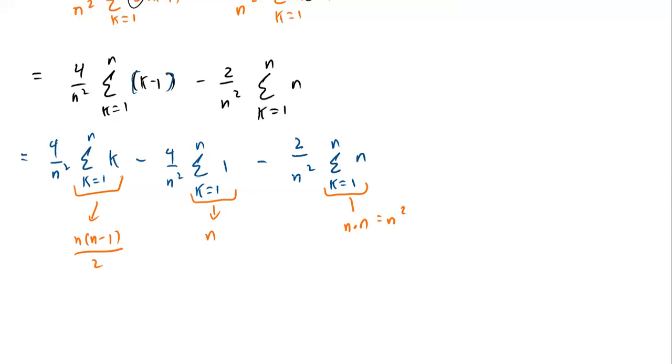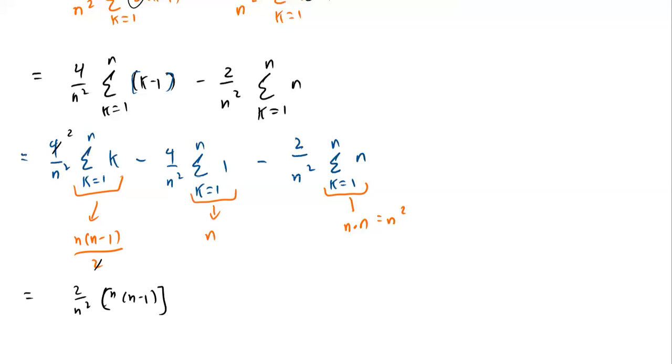So if we plug all of this in and simplify, what are we going to get? I'm just going to substitute in the things in orange, right? So here on the bottom, I have a 2. It's going to factor out with this 4. So I'm going to end up with 2 over n squared times n times n minus 1.